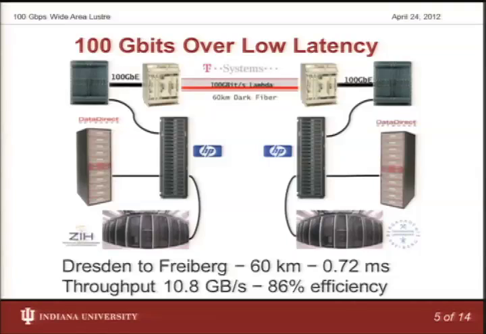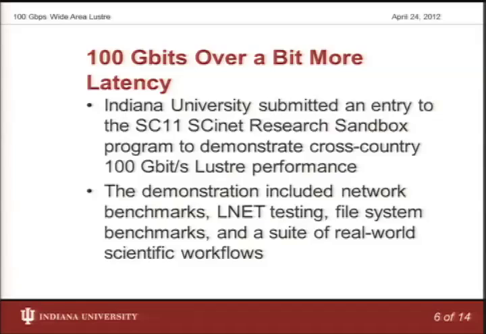So that was quite good, but it's a fairly small distance. So what we wanted to do was sort of up the ante and add in some more over a longer distance, thereby adding in a good bit of latency.